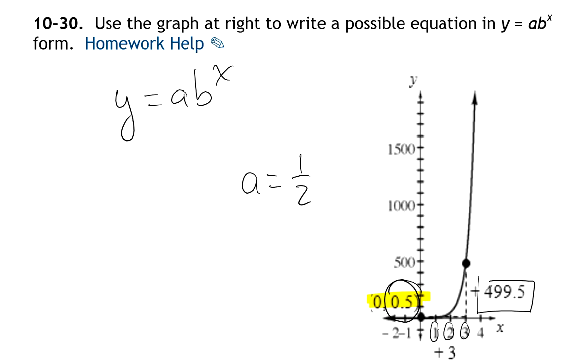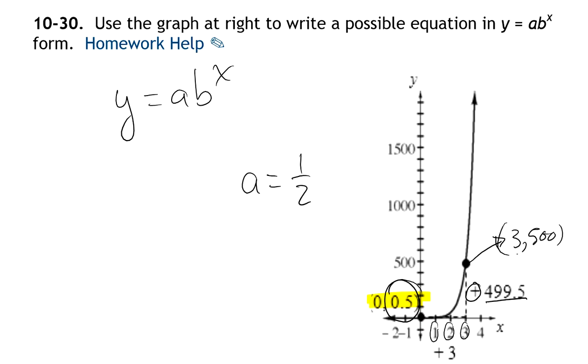Now, it's kind of deceptive how they wrote this, but they're saying that we're having an increase of 499.5. An increase from what? Well, we started at 0.5 and we're jumping to 499.5. So this point that they're indicating is the point x is 3 and y is 500.